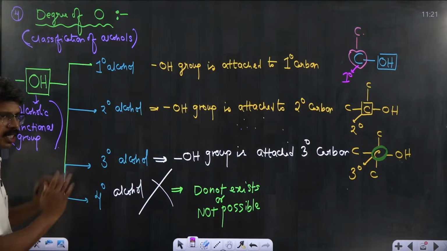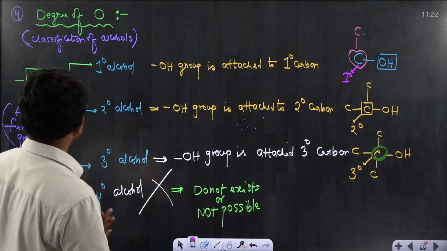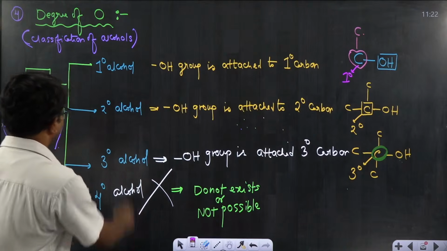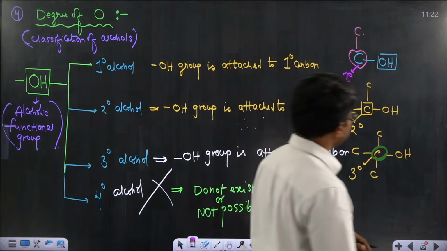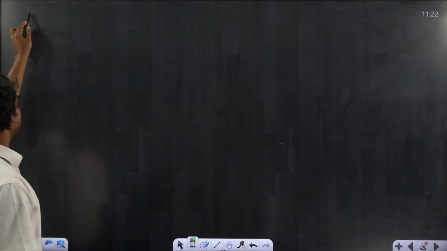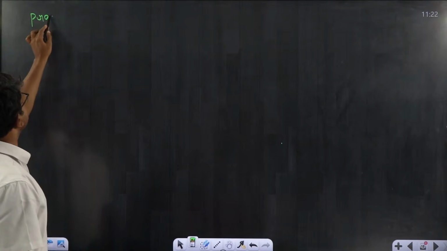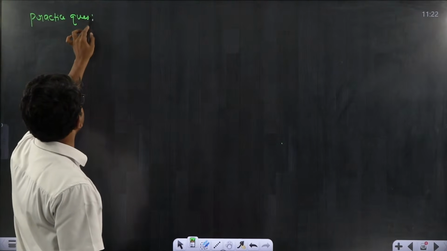I hope you are following the points properly. This is very simple. So under classification of alcohols, I have given primary, secondary and tertiary. We are going to apply them with suitable examples. I hope you have noted the points, or take a screenshot if possible. Now I will give practice questions on classification of alcohols.